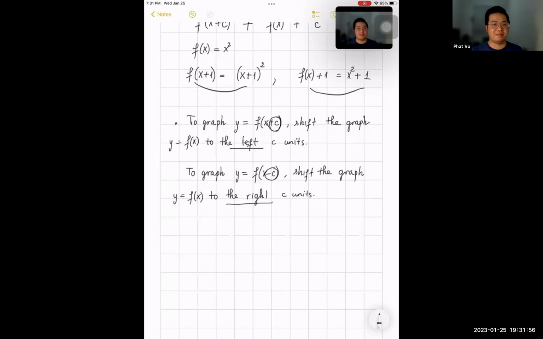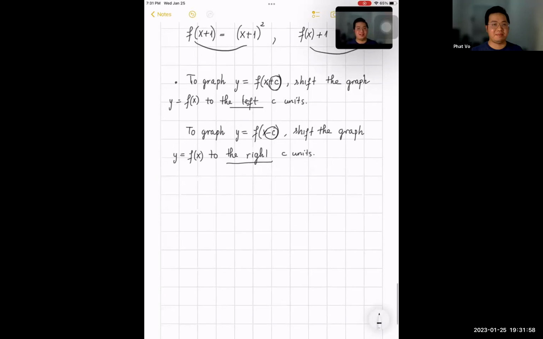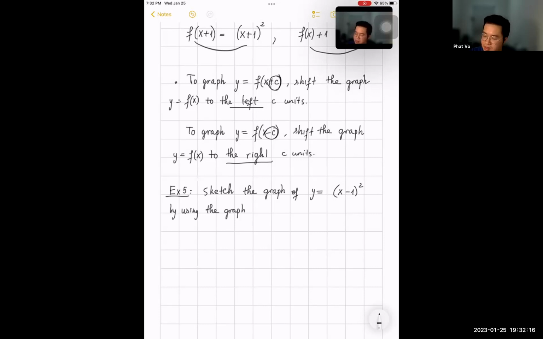Okay, so I will give you an example right now. Get the graph of the function y equal to (x minus 1) squared by using the graph of y equal to x squared.